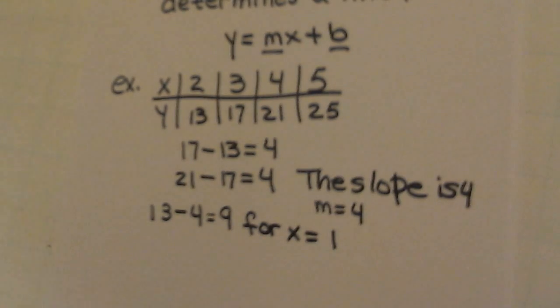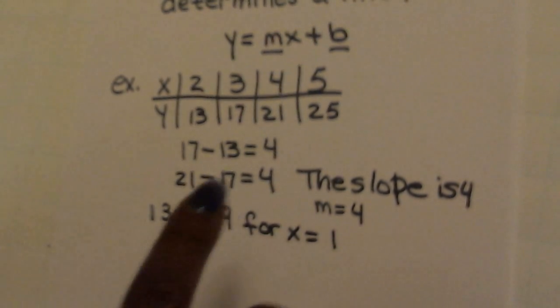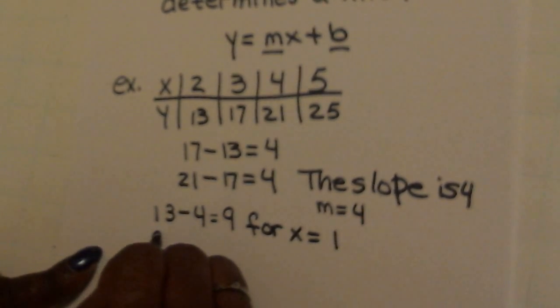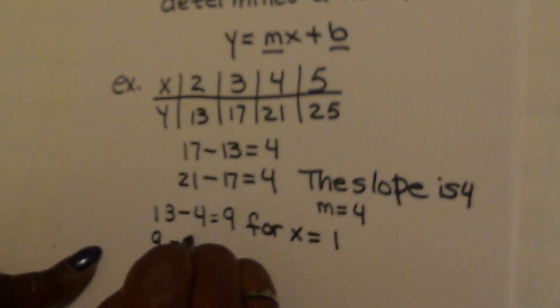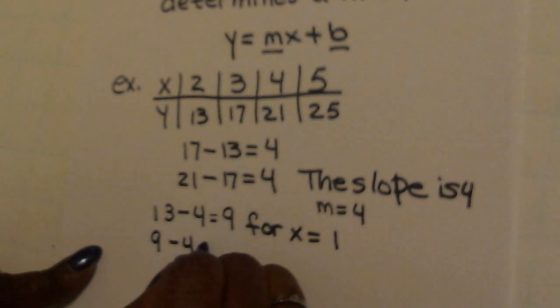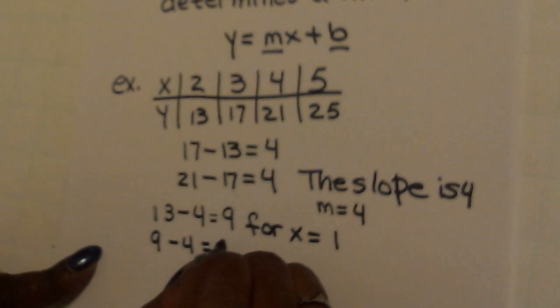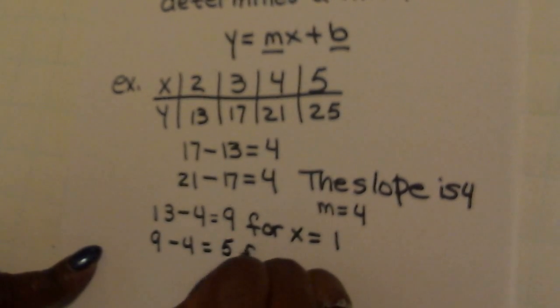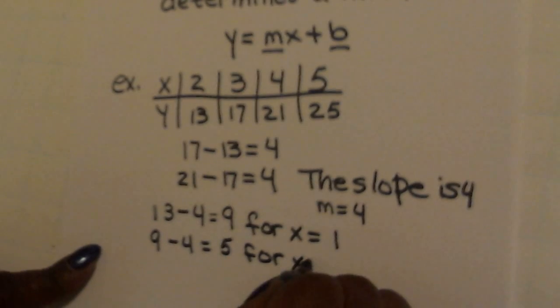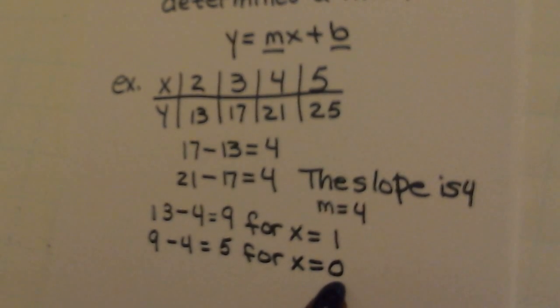Now we need to do it one more time because we need x to equal 0. So now I'm going to do 9 minus 4, and 9 minus 4 equals 5. That's for when x equals 0. And if you remember from the table, 0 is our starting value or the y-intercept.